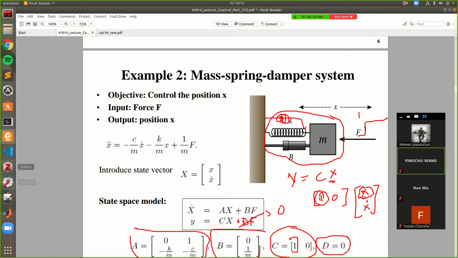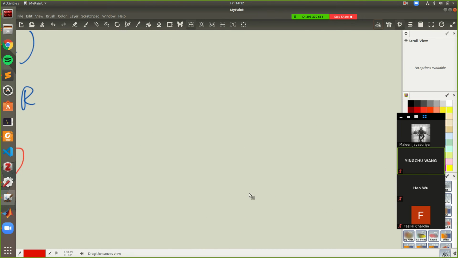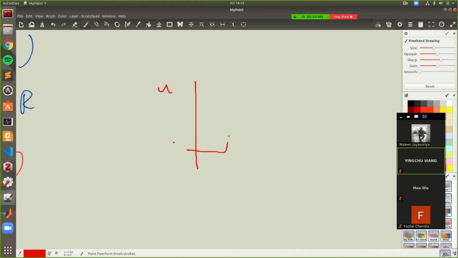So MATLAB offers this function called step, which just does a simple step response. It gives an input of something that looks like this, of 1. This is called a step input. So it gives a 1 Newton force.